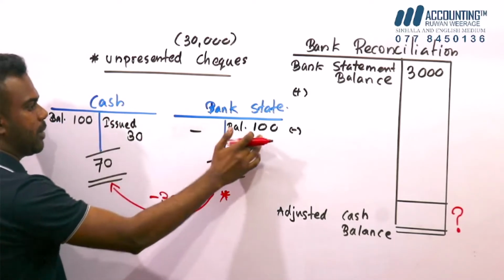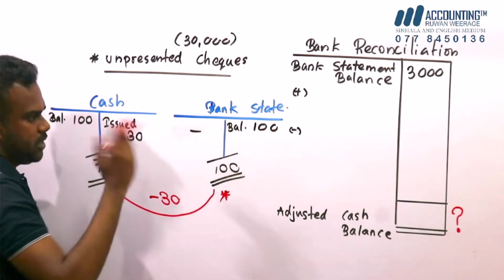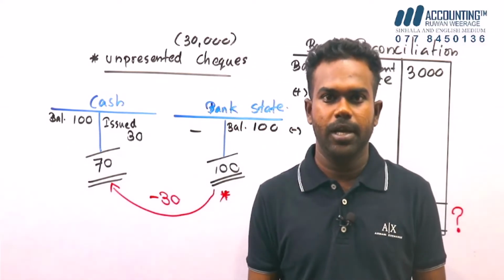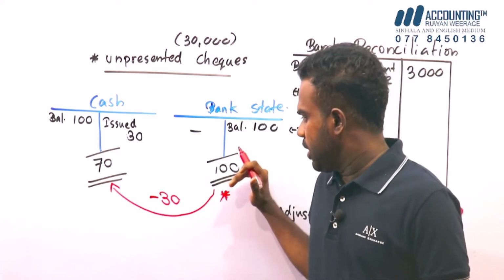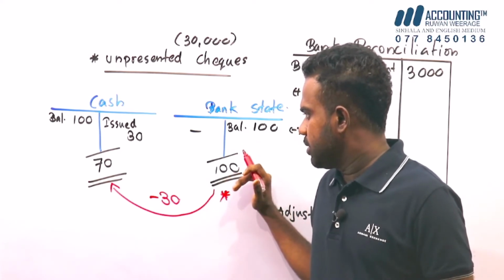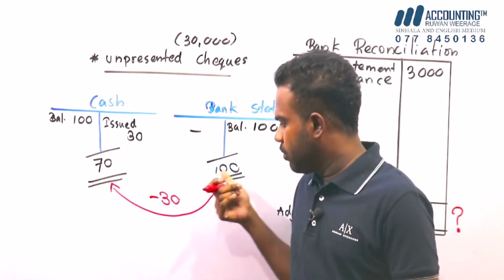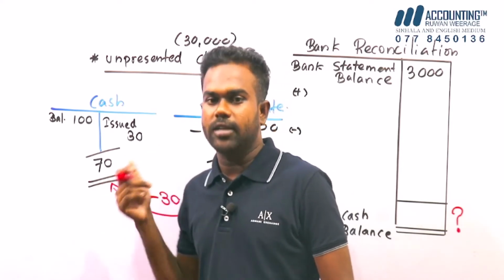Don't think about where I got this 100 and 100. Actually, I put those amounts to identify the difference, right? Then the bank statement balance is higher than the cash account by 30,000. Then if we want to get the lower balance, we have to deduct that amount.